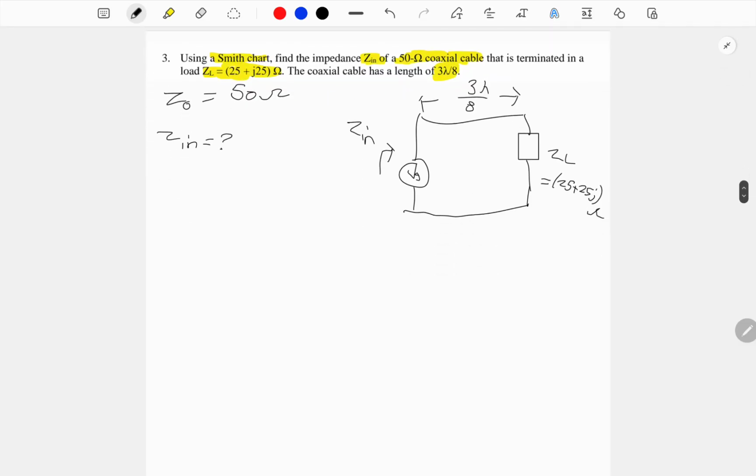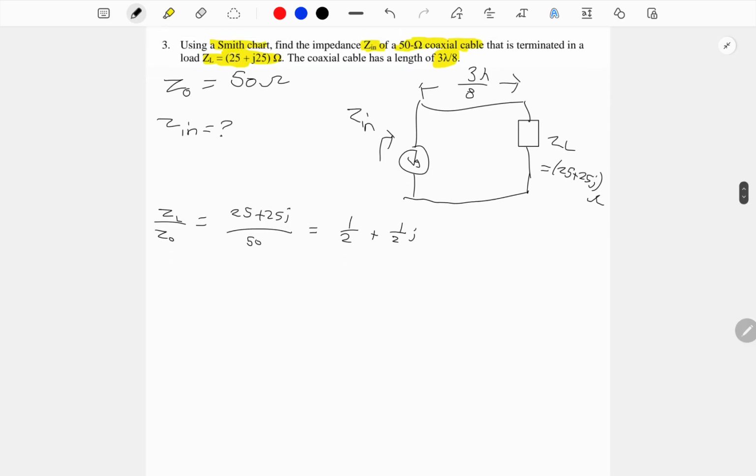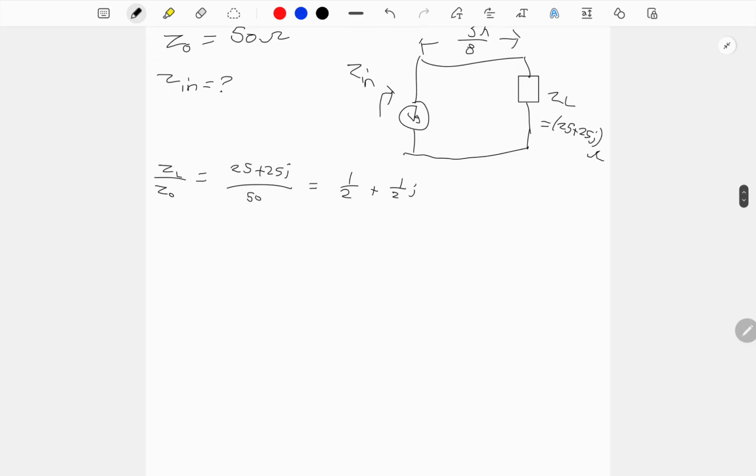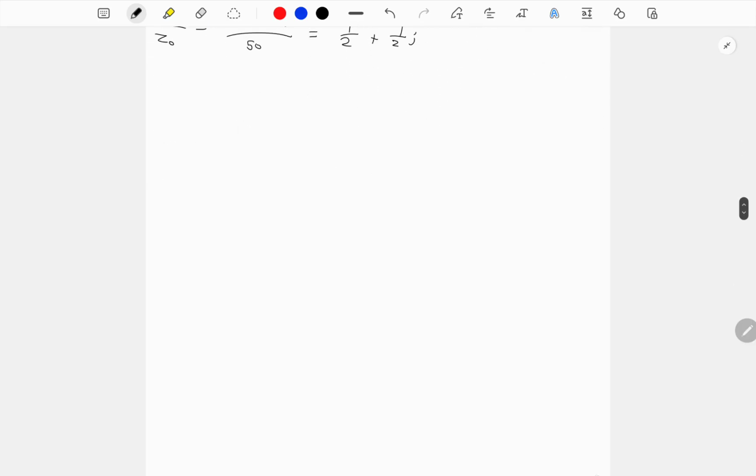So we have to divide the load by 50, which is our characteristic impedance. So ZL divided by Z0 is equal to 25 plus 25j divided by 50. And what is that? 1/2 plus 1/2j, which is 0.5. So let's plot that, and then you'll understand why it's from the load to the generator, okay?